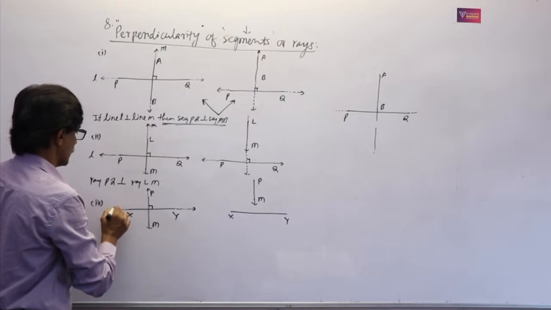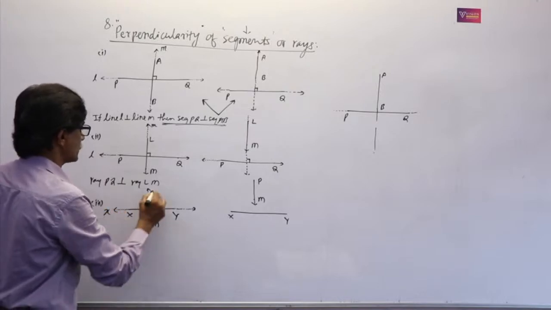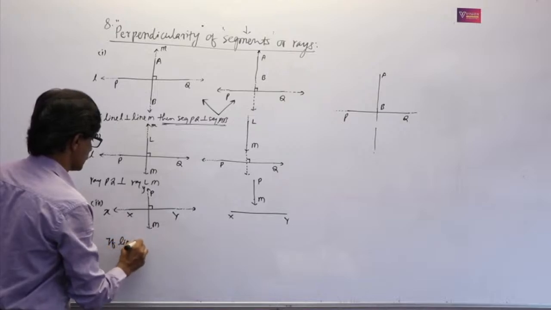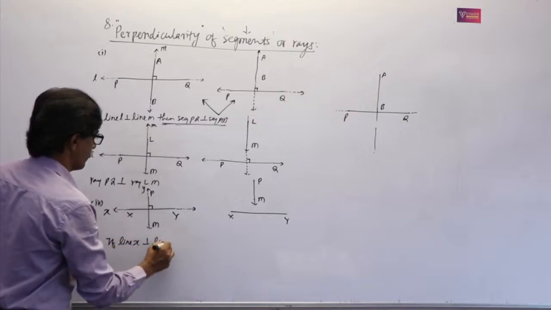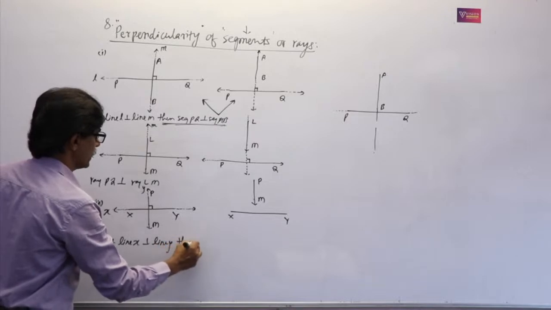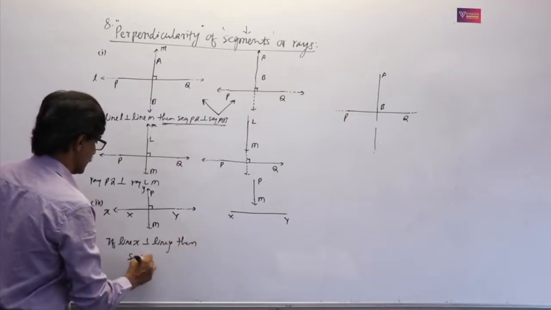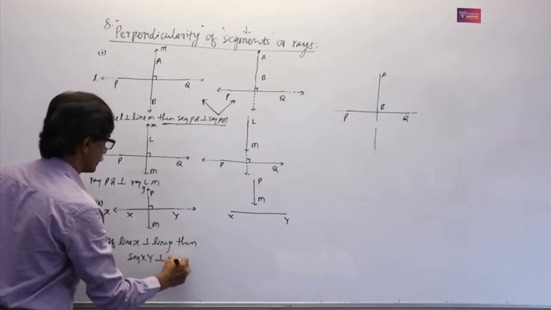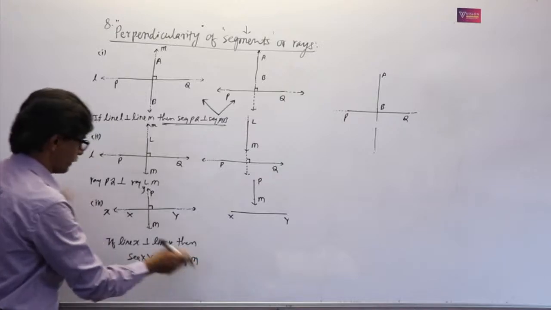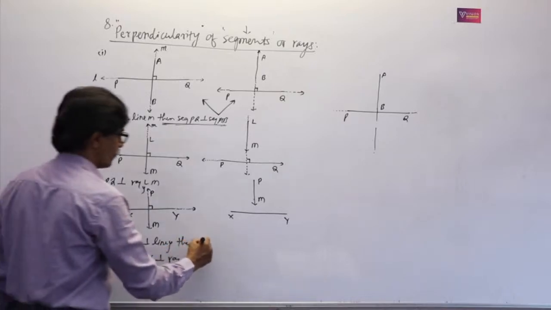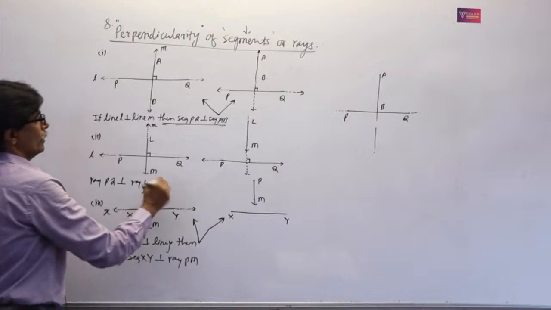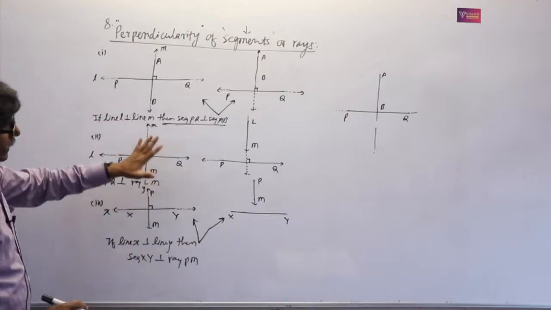I put here the name, suppose x, and this is line y. If line x is perpendicular to line y, then we can say that segment XY is perpendicular to ray PM, and vice versa, ray PM is perpendicular to segment XY, same for both. So this is about the perpendicularity of a segment and a ray.